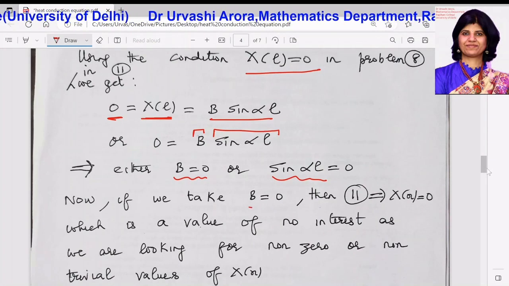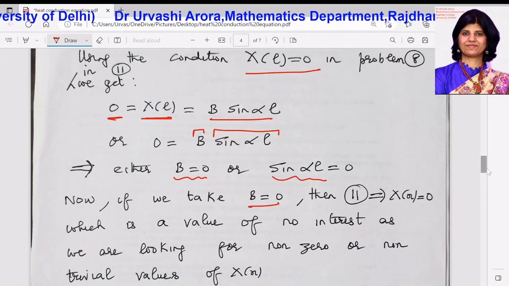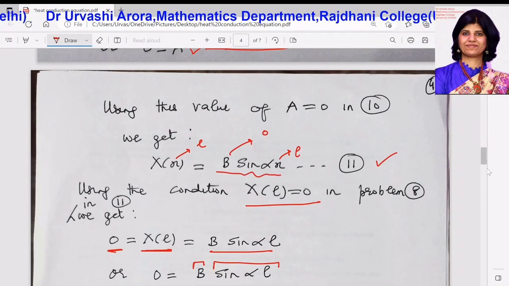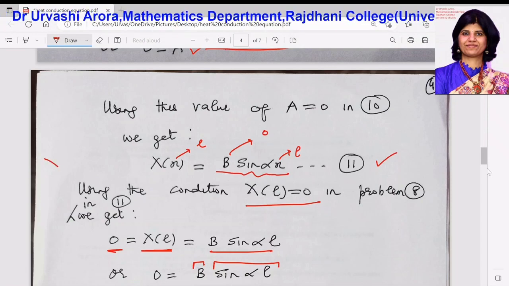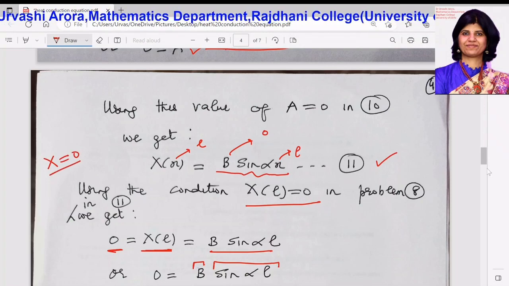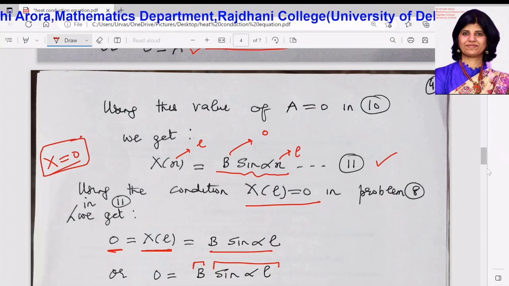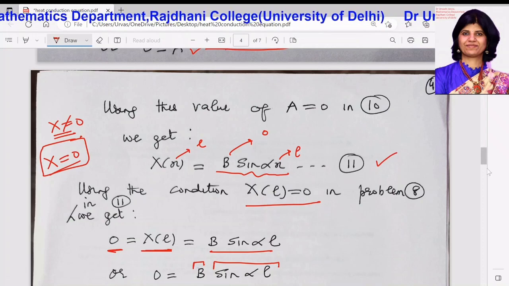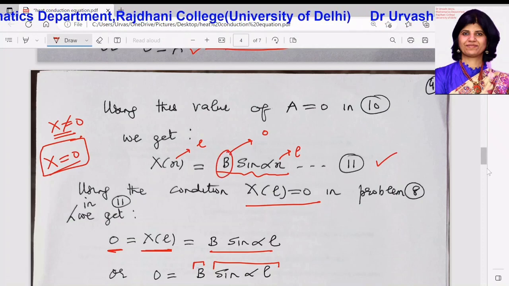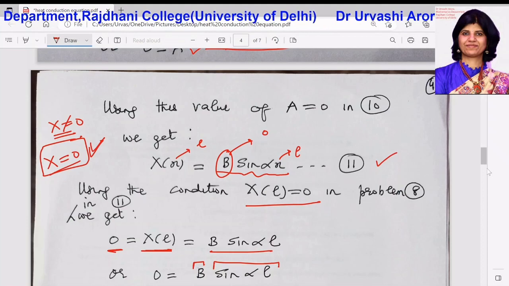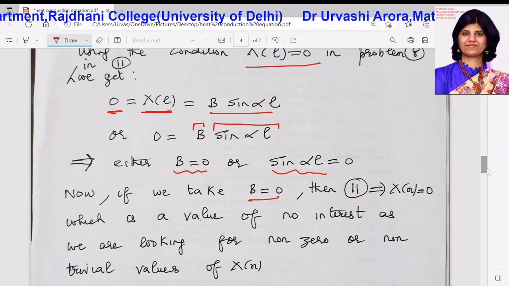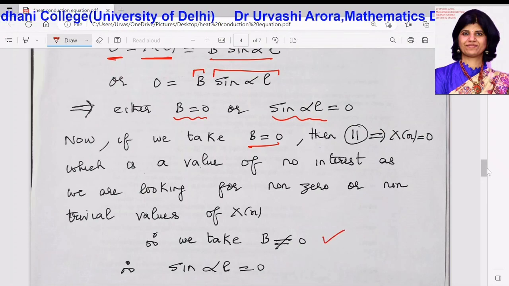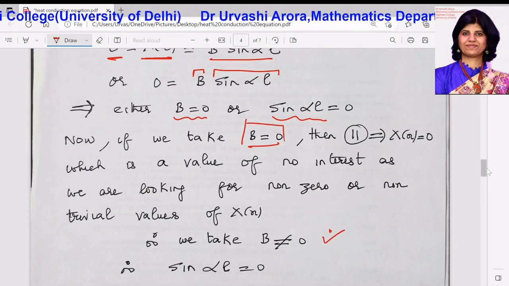But if B is taken as 0, then when you substitute it over here, the whole expression becomes 0, which means that the value of capital X would come out to be 0, and this is not what we want, because we are looking for non-zero, or non-trivial, values of capital X. This means that you cannot take B equal to 0. So this value, B equal to 0, is not acceptable.